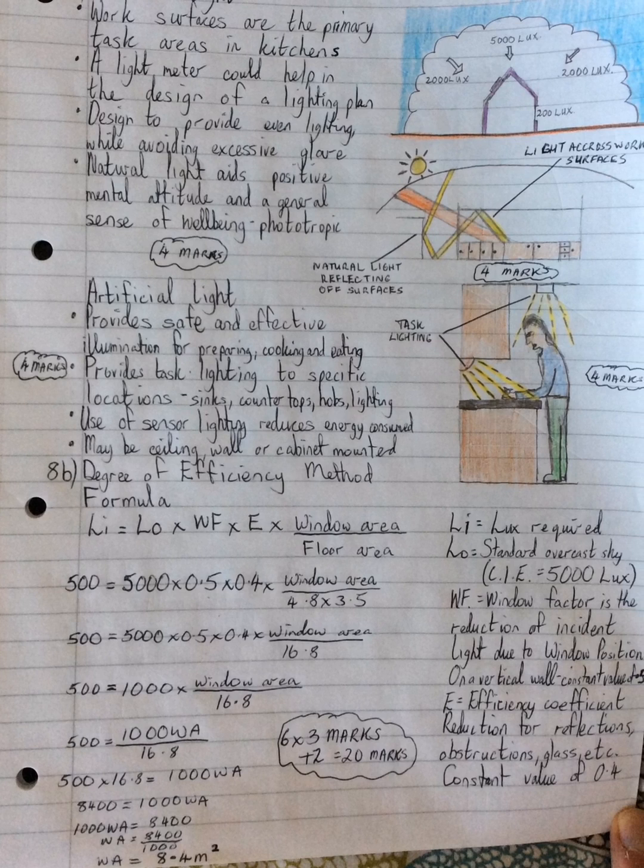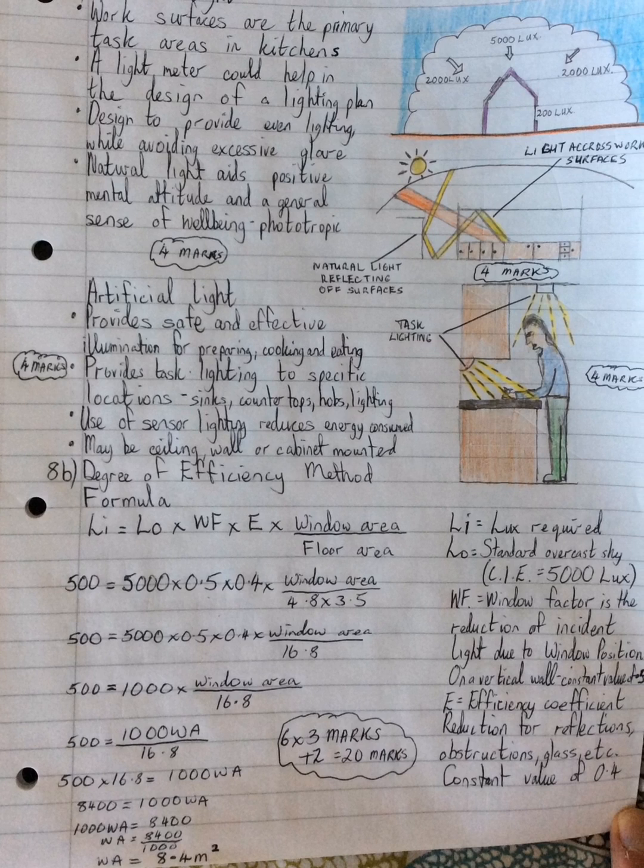E equals efficiency coefficient, the reduction for reflections, obstructions, glass, etc. And this is a constant value of 0.4. So we use these to input our figures into the formula.